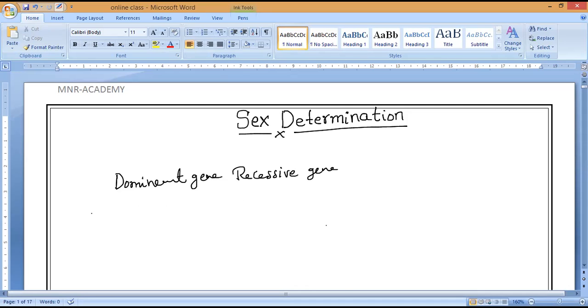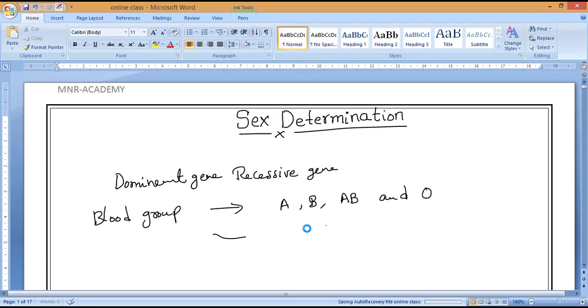Now, coming to the blood groups we studied in the last class, the number of blood groups is 4: A, B, AB, and O. But we have only 3 kinds of genes: I power A, I power B, and I power O. The first two are called dominant genes, so both together are called codominant. And I power O is called a recessive gene.